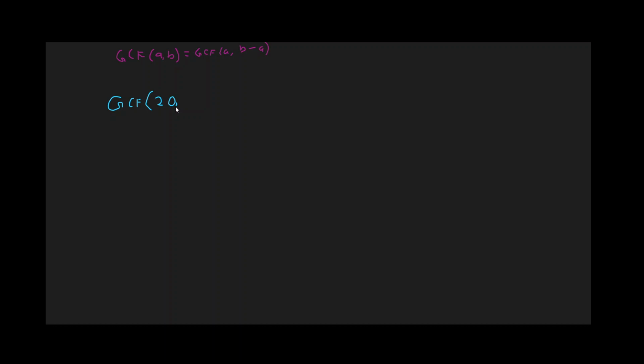By our rule up here, this would be equal to the greatest common factor of 20, we keep the same number, and b minus a, so the second number minus the first number, which is 30 minus 20, in other words, 10. So these two expressions are equivalent, and obviously we can tell that the greatest common factor between 20 and 30 is 10, and as you see over here, the greatest common factor of 20 and 10 is still 10.